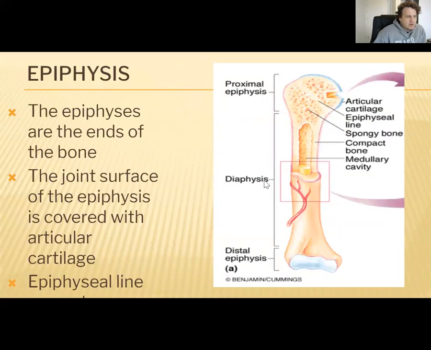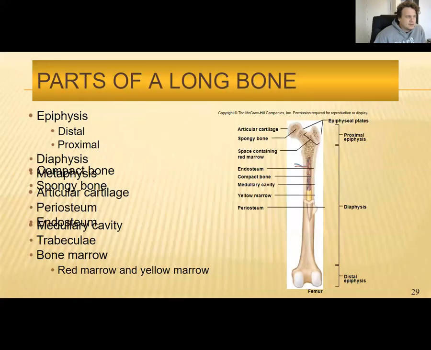These are the ends of the bones here, and that's covered in cartilage, which attaches it to the joint. But that's what we just went through with the long bone.